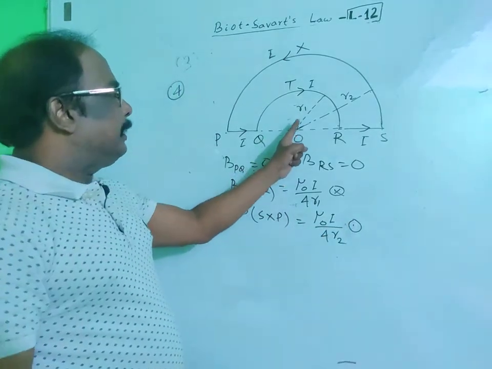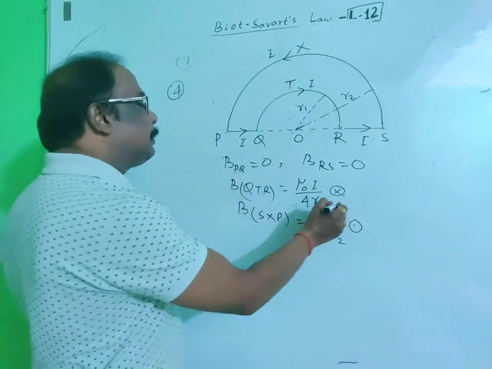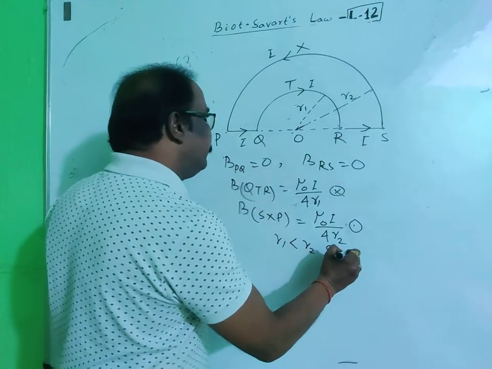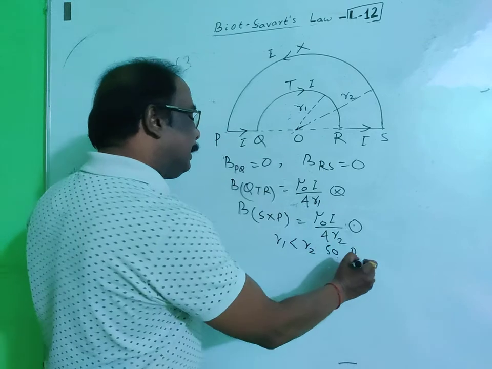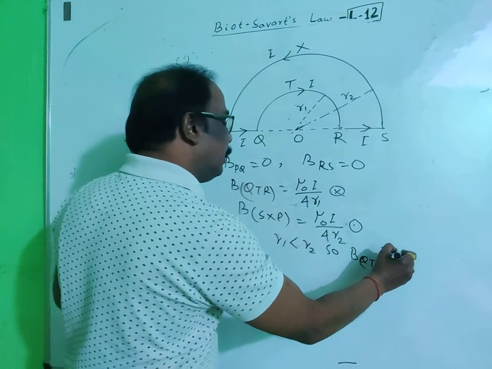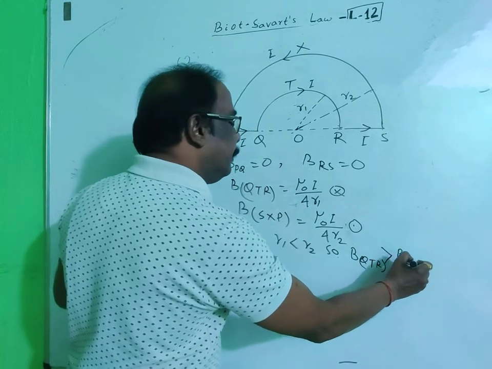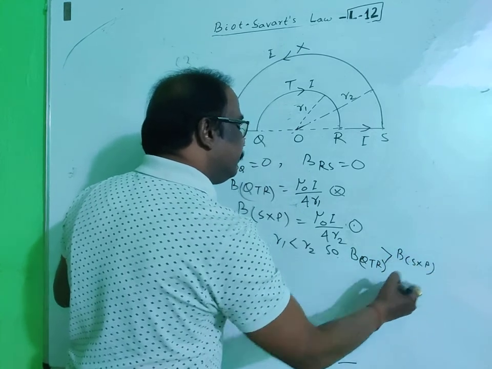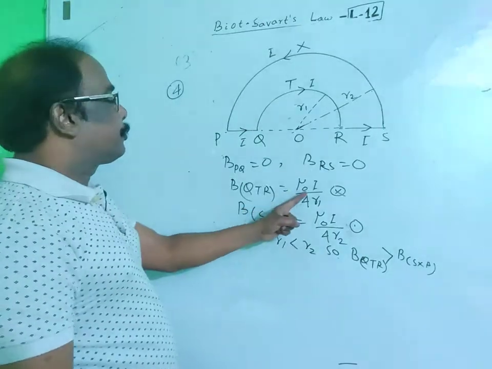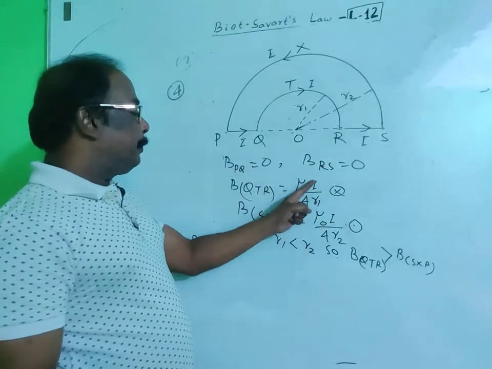See, since R1 is less than R2, magnetic field due to QTR is greater than magnetic field due to SXP. Then the resulting magnetic field is the difference between these two.